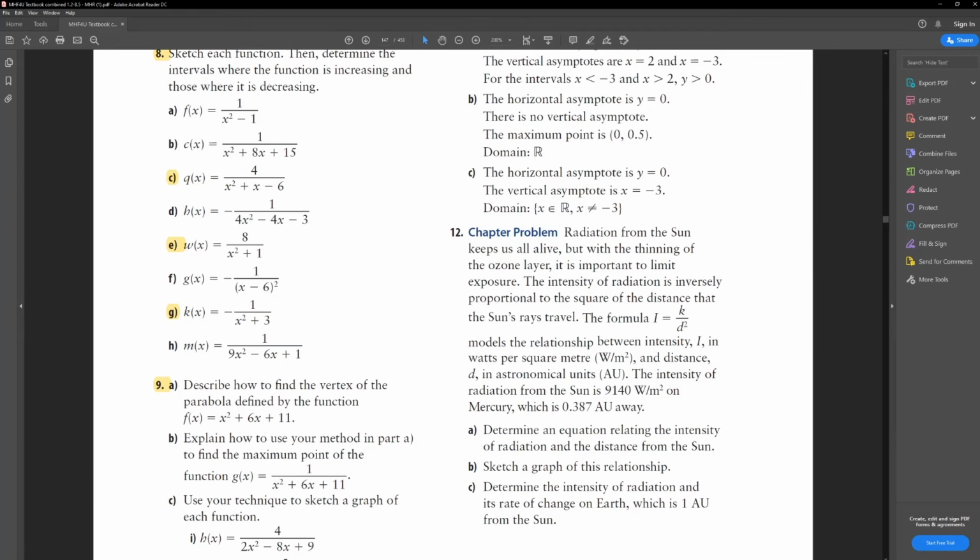And once you apply the quadratic formula, you could find it, or what you could do is try to complete the square, if you remember how to do that. Once you complete the square, you would find the vertex. So how would we complete the square here? We have x squared plus 6x plus 11. So we need x squared plus 6x plus something, which has to make a perfect square.